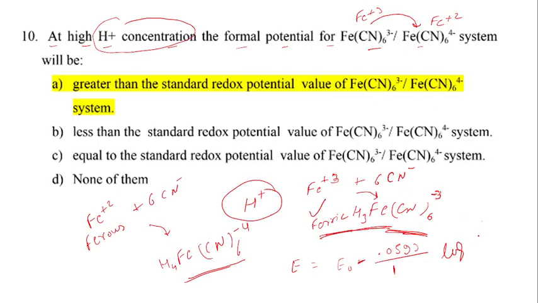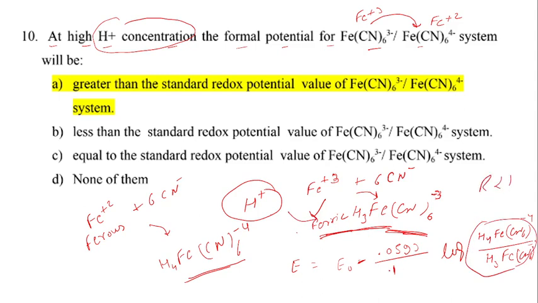So it will be Fe(CN)6 4 minus divided by Fe(CN)6 3 minus. Because hydrogen has more tendency to attach with ferric ion, this ratio will be less than 1.